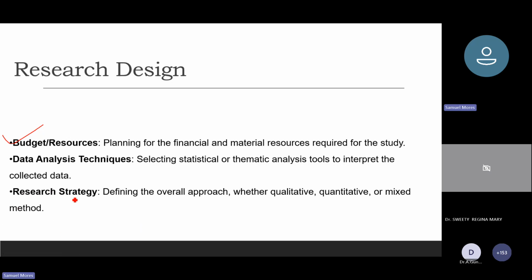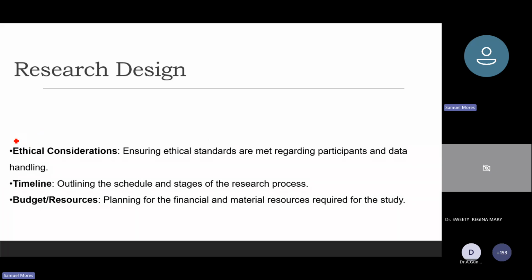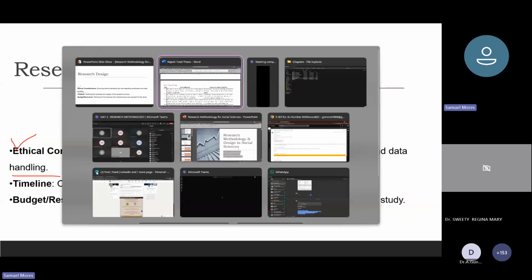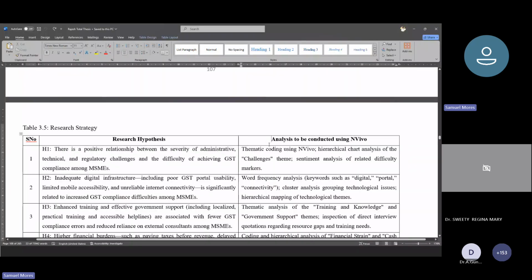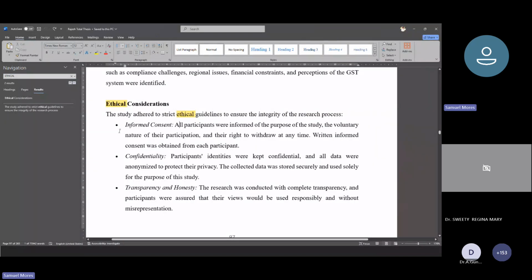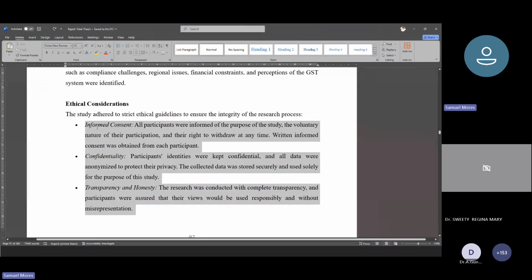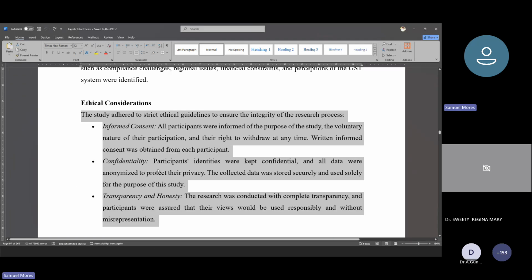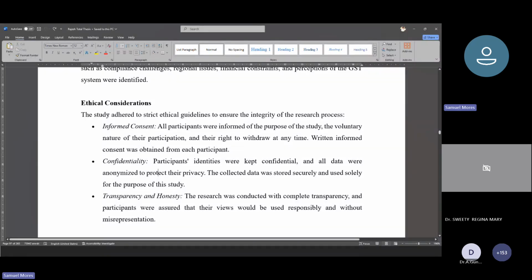Research strategy, I explained this. Next one, ethical considerations. What ethical considerations are there for this study? Let me show you an example. This is also part of research design. I have collected data from chartered accountants and also MSME entrepreneurs. What ethics did I adhere to? The first one, informed consent.